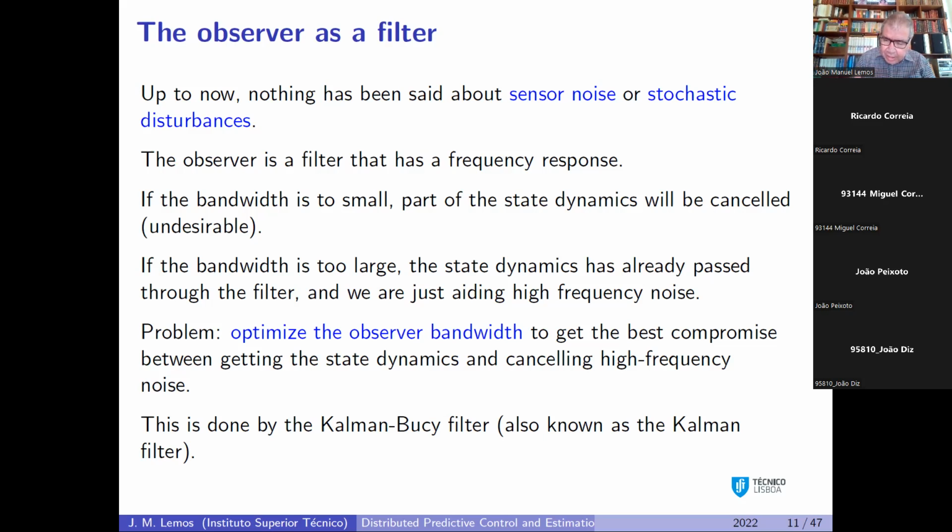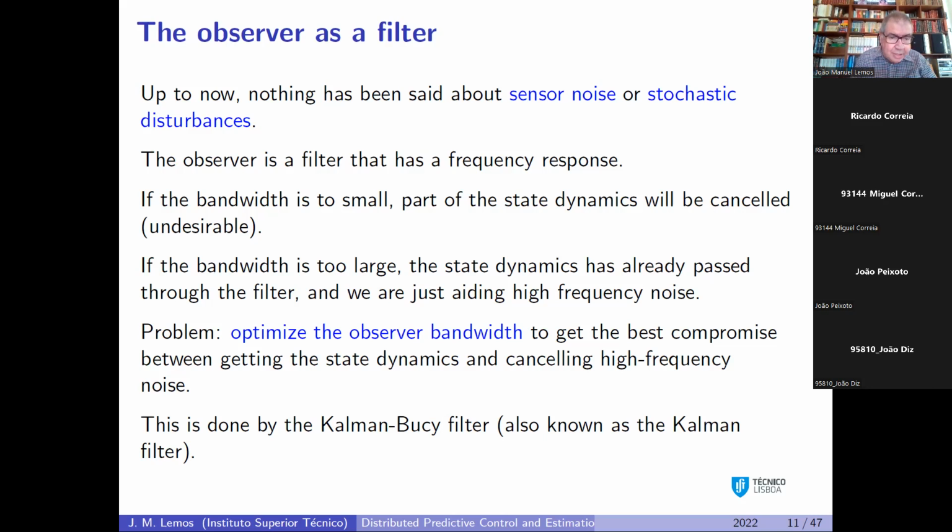If you design it to have very big bandwidths, then you are just getting high frequency noise samples that degrade your estimate. If your bandwidth is too small, you are distorting the signal, so the dynamics of the plant is not seen fully. Okay? So there is a compromise.